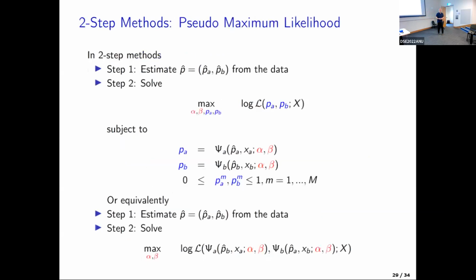Now, there may be an issue with small sample bias. Maybe you don't get those first-step estimates accurately in a finite sample. That results in the right-hand side and the left-hand side of these equations not necessarily being the same. So it's not necessarily an equilibrium in a finite sample; the Bayesian-Nash equilibrium equation is not going to hold exactly.